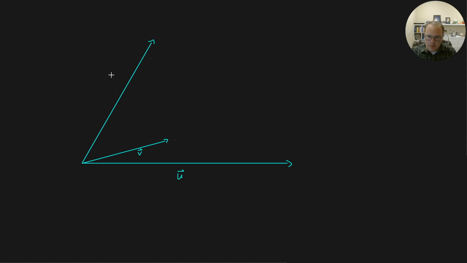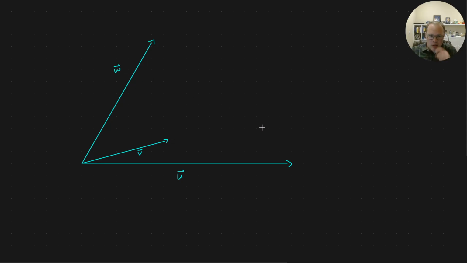Okay, so we can find the area of a parallelogram determined by two vectors using the cross product. That's pretty nifty. Can we go a step further? What if we get the three-dimensional equivalent of a parallelogram? So say we have 3 vectors instead of 2. So let's go vector u, vector v, and vector w.